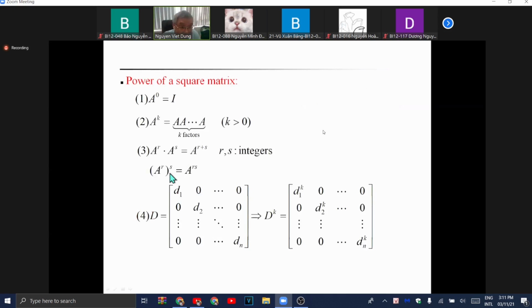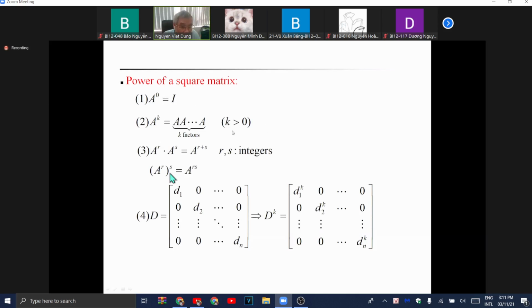Let me continue the revision. After defining the inverse and matrix multiplication, now we define the power of a square matrix. Suppose that A is a square matrix, and we define A to the power 0 equals identity.